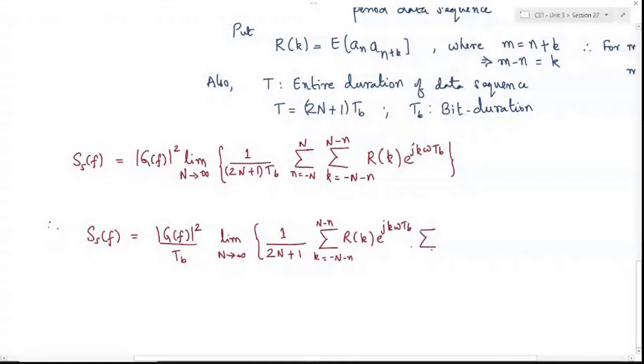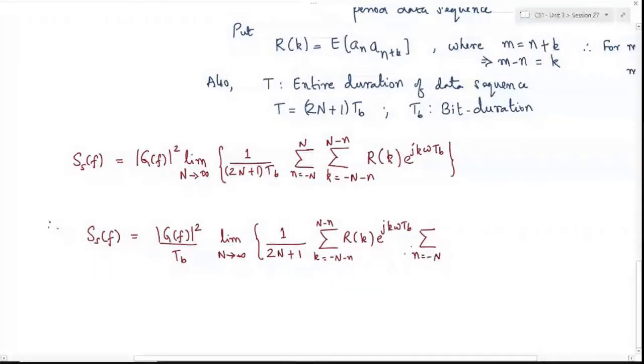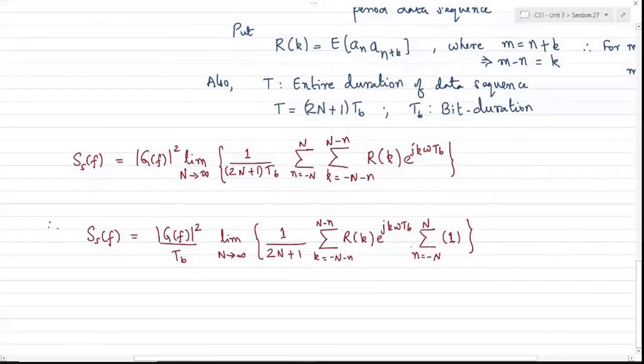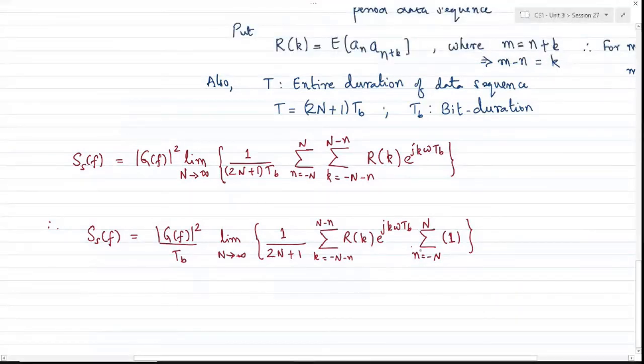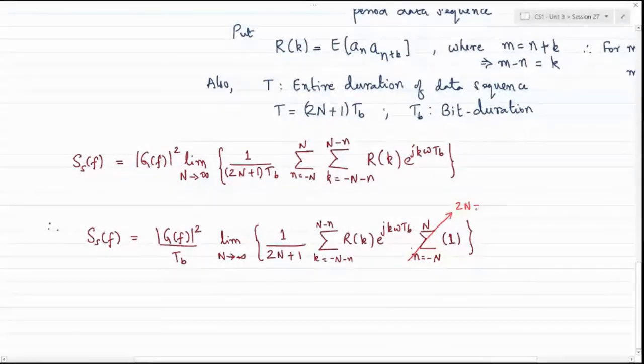I can interchange these summations and write n varying from minus N to capital N. There is no term varying with n, so this is simply a summation of 1, and summing a constant 1 gives 2N plus 1.